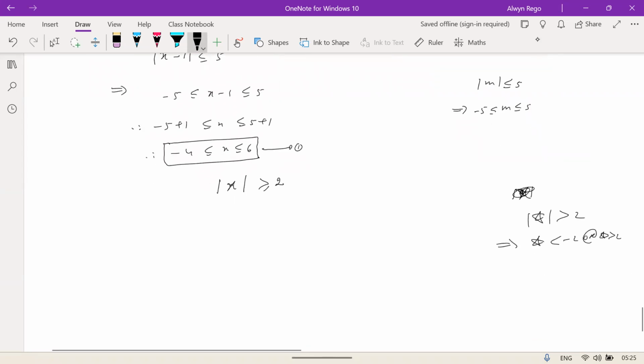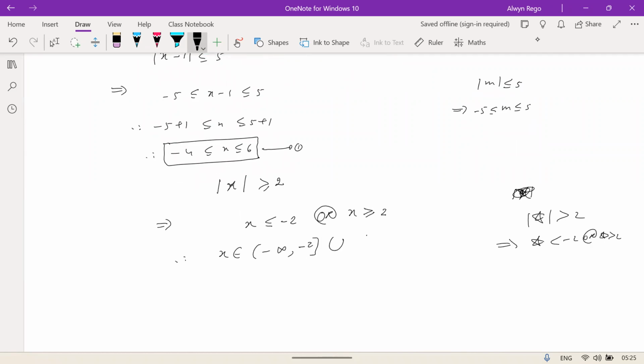So this implies that either x is less than or equal to -2, or x is more than or equal to 2. Therefore, x must belong to -infinity to -2, or x must belong to 2 to infinity.